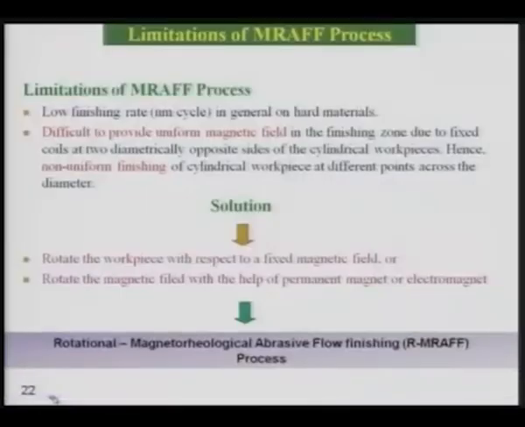It really does not matter whether you rotate the workpiece and the medium is fixed, or you rotate the medium and the workpiece is fixed, because what you need is relative motion between the abrasive particle and the workpiece. So the rotational magnetorheological abrasive flow finishing process was developed based on this principle, which I am going to explain in brief.